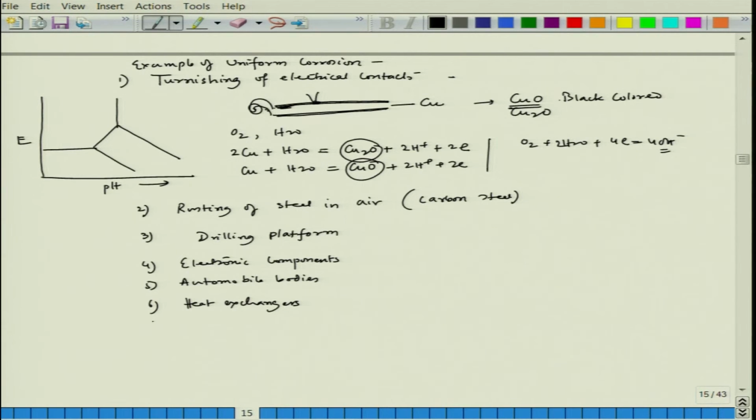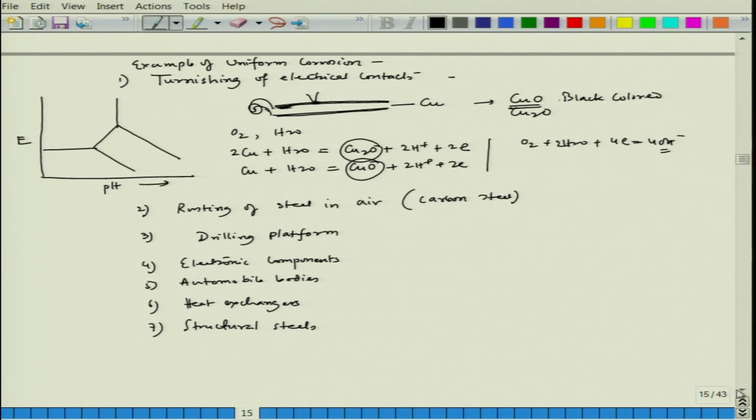And also structural steels. For example, a bridge, if we have a long beam, the corrosion is mostly uniform corrosion. So, these are the examples.